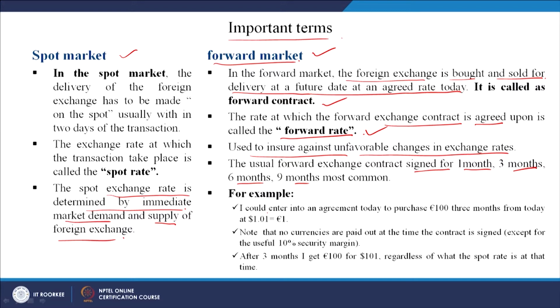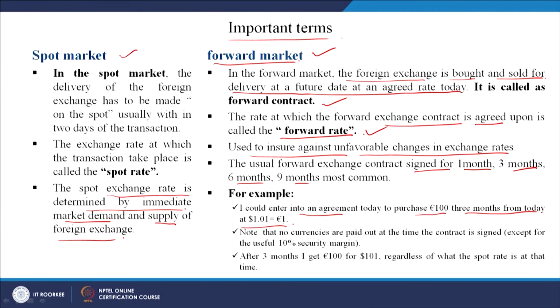Let us look at this. I could enter into an agreement today to purchase 100 euros 3 months from today. So, I have made a contract, an agreement that I will purchase 100 euros at a price where 1 euro is 1.01 dollars. I have agreed to buy at this price.